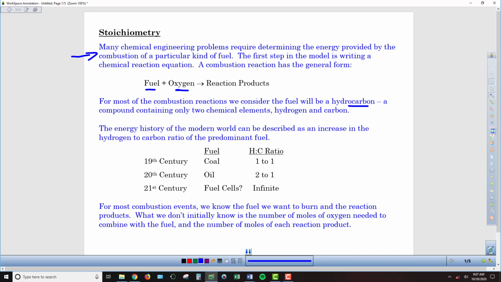If we look at the history of energy in the modern world, in the 19th century, primarily the fuel source used to create energy was coal. So approximately you have about a 1-to-1 hydrogen to carbon ratio. In the 20th century, there's generally a shift to oil, which improved that hydrogen to carbon ratio to about 2-to-1.